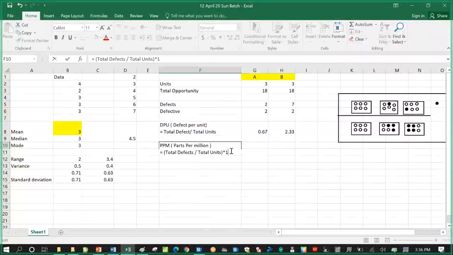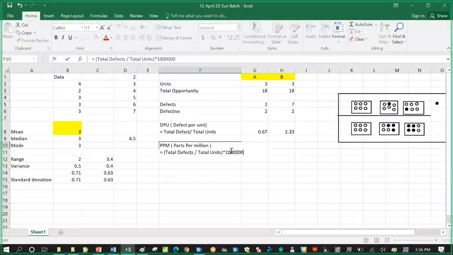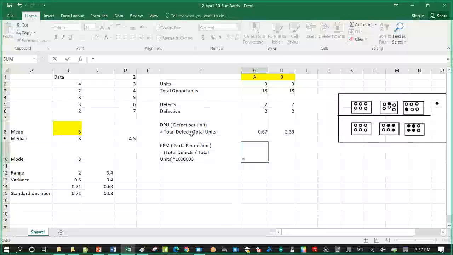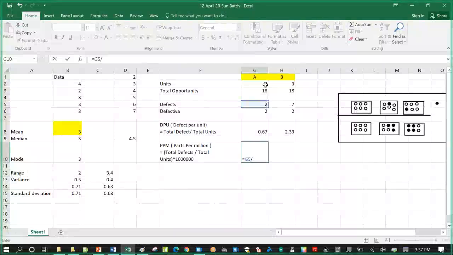Total defect divided by total unit into 1 million. So it will be total defects, or you can say DPU into 1 million is also same. So total defects divided by total unit into 1 million.